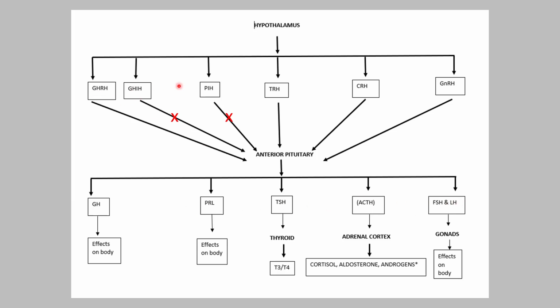So the first row of hormones from the hypothalamus tell the anterior pituitary to release or stop releasing the second row, the anterior pituitary gland hormones, which then go off to either have an effect directly on the body or release yet more hormones. So we will be talking about these today.